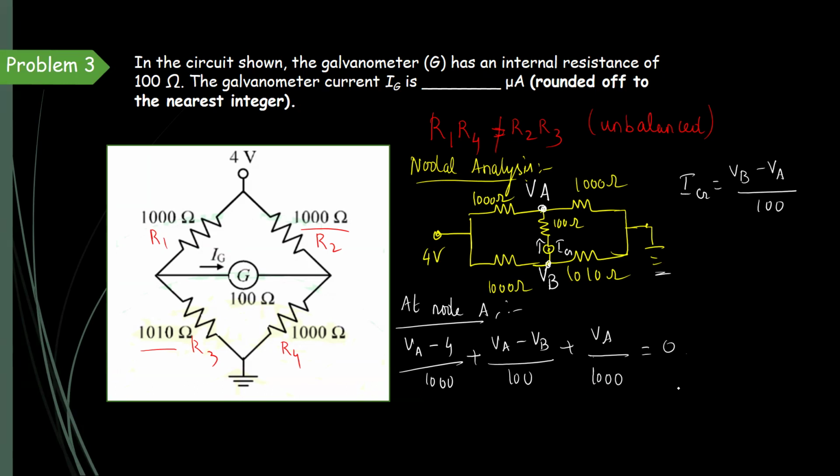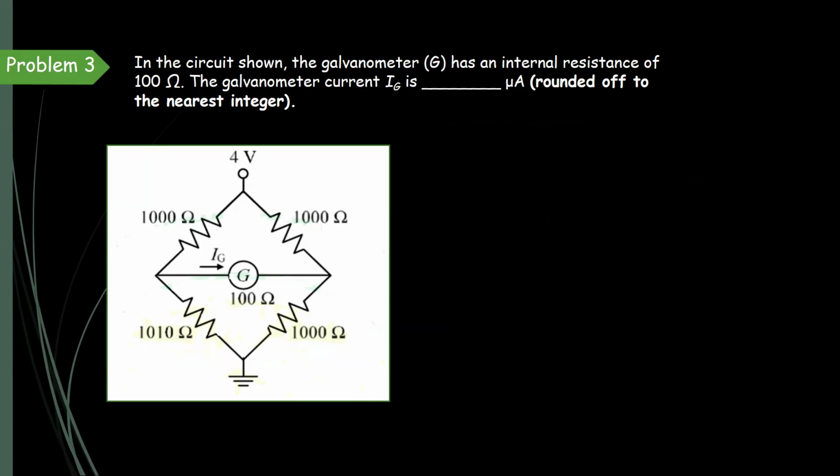Taking the LCM, it simplifies as 6 VA minus 5 VB equals 2. This is the first nodal equation, from node A. Let me find the second nodal equation.